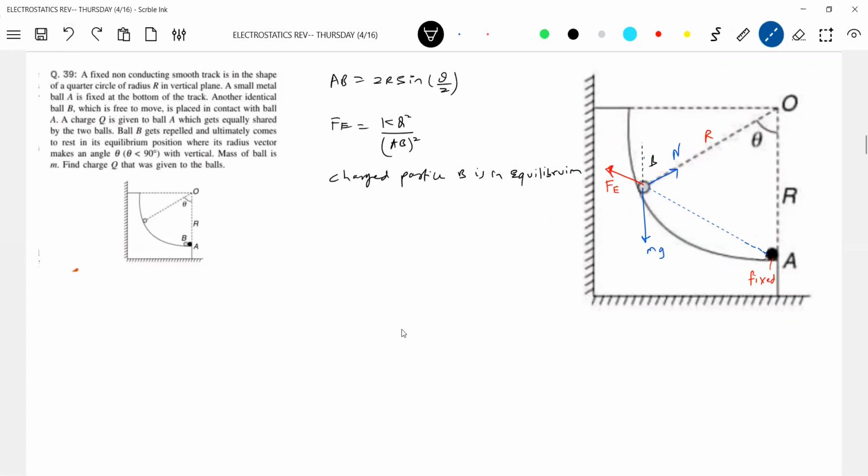I'll bring another color. Resolve all the forces along the tangential direction. This should be the 90, no?